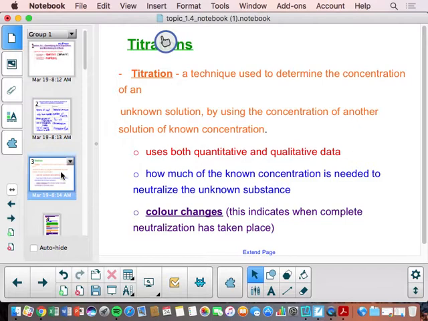So if we know the concentration of one thing, we can use that to figure out the concentration of another thing. And I used to use this exact technique when I did water sampling. In university, I used to go out every Sunday and test the water of this river.